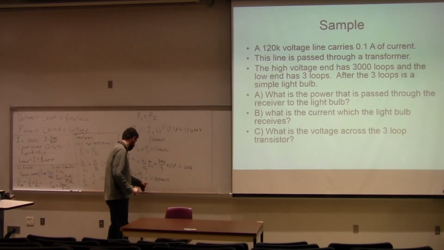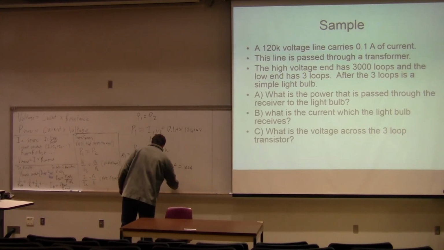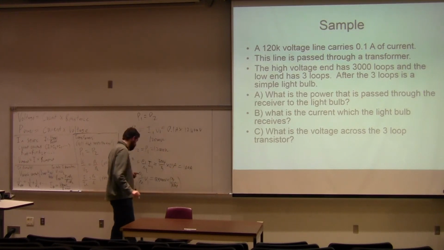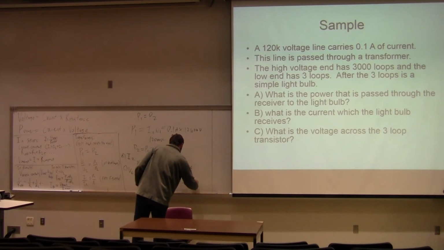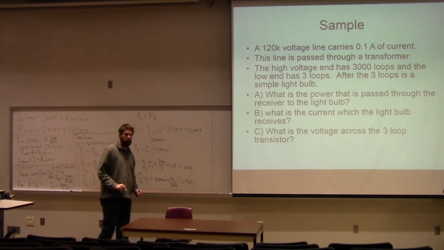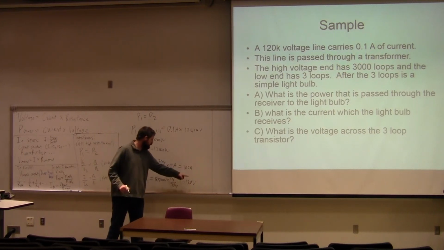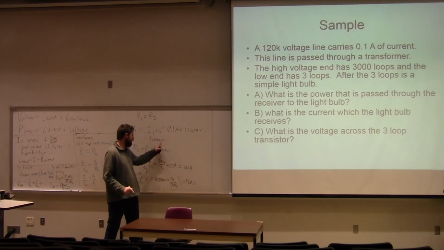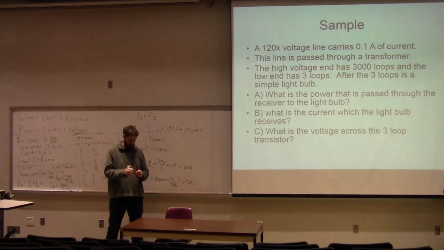So I put the V first, just to be a little easier. 3 over 3,000, because N1 was big and N2 was small. So I'm dividing by 1,000. 120 volts. Now, if I take this times this, I should get 12,000. And in fact, I do. So that gives me a sanity check to make sure I did my math right.